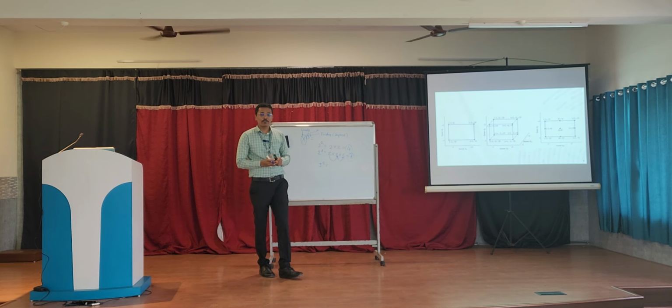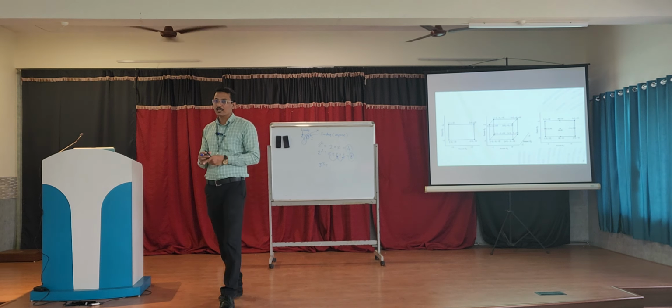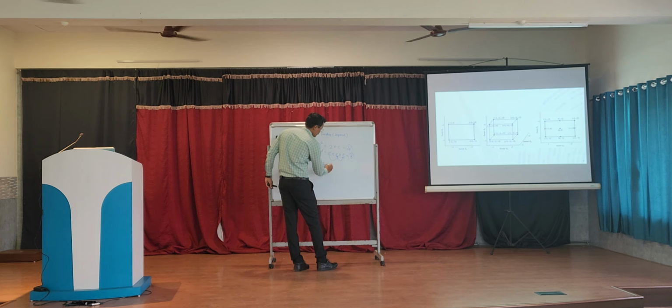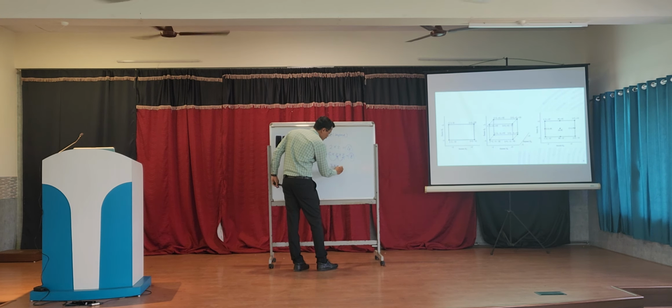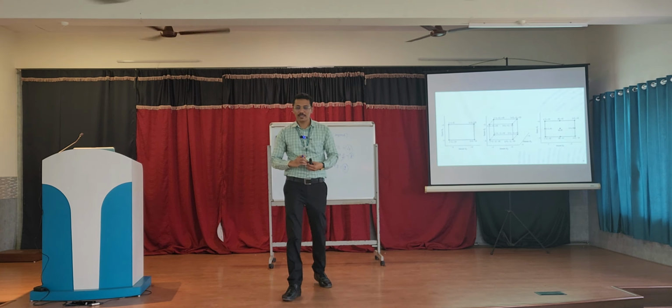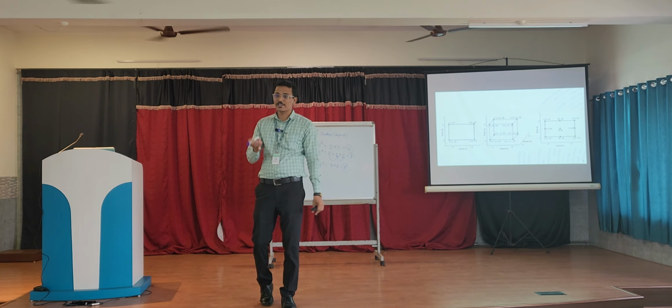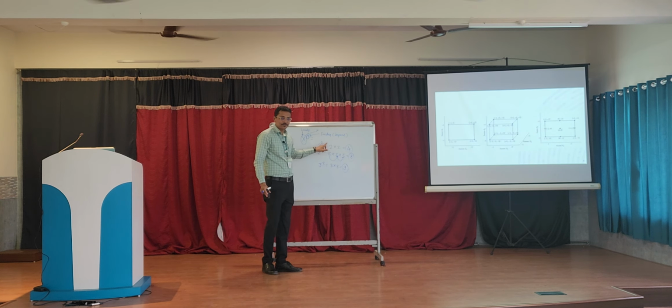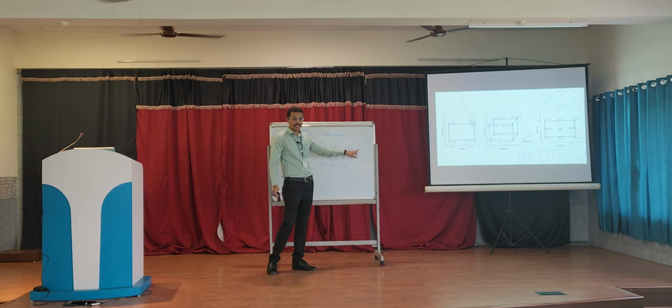So according to the formula, 3 raised to 2, the number of trials we obtain for the optimization will be 9.